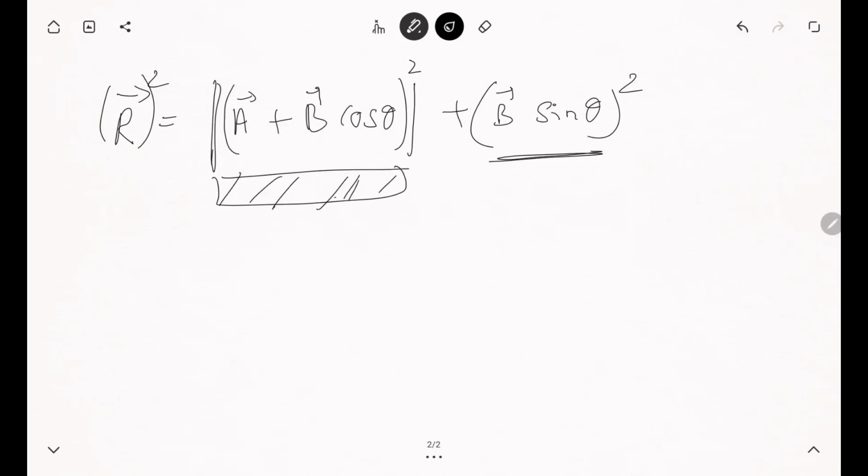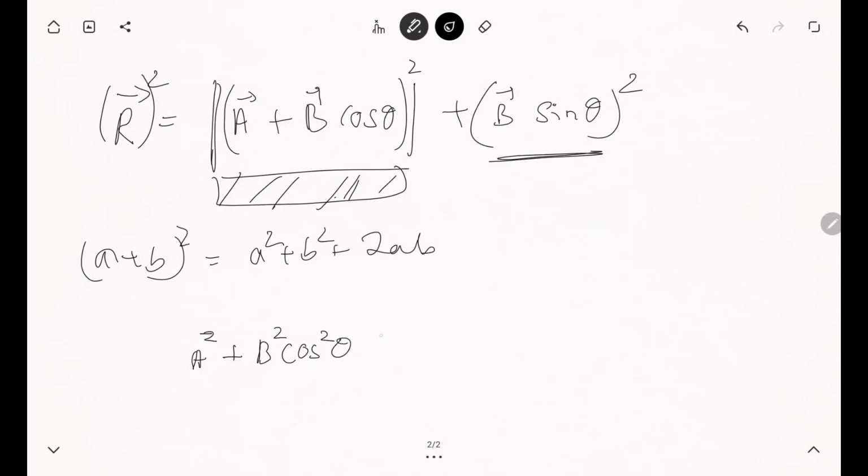This part is basically a plus b the whole square, which is equal to a square plus b square plus 2ab, right? So a plus b whole square will take a as a and b as b cos theta. So a square, we'll just keep it as it is, plus b square cos square theta plus 2 into a into b cos theta, right?